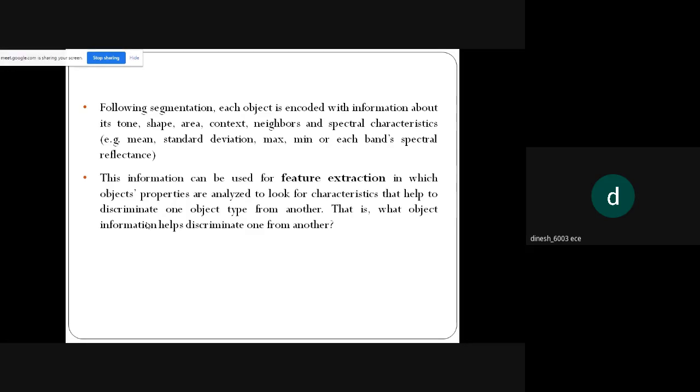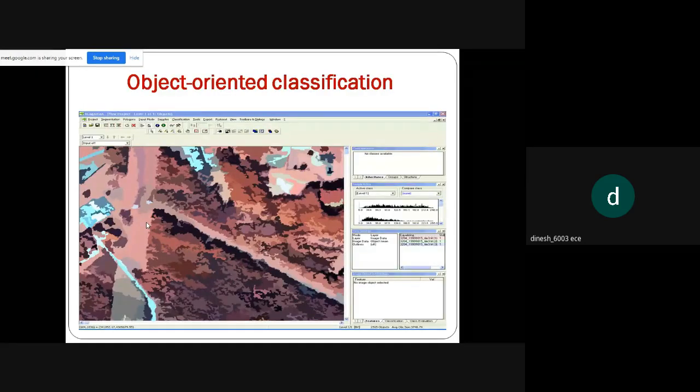This information can be used for feature extraction, in which objects' properties are analyzed to look for characteristics that help to discriminate one object type from another. You can see classification, differentiating one object and another.